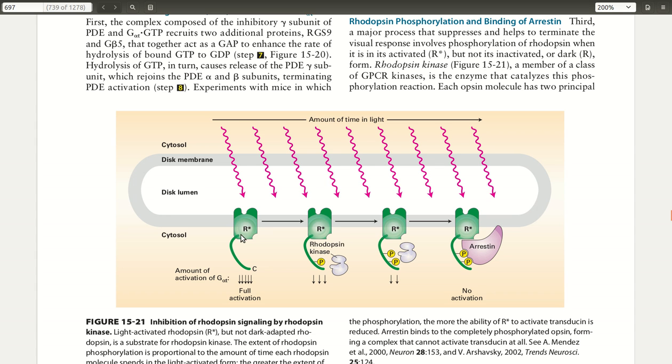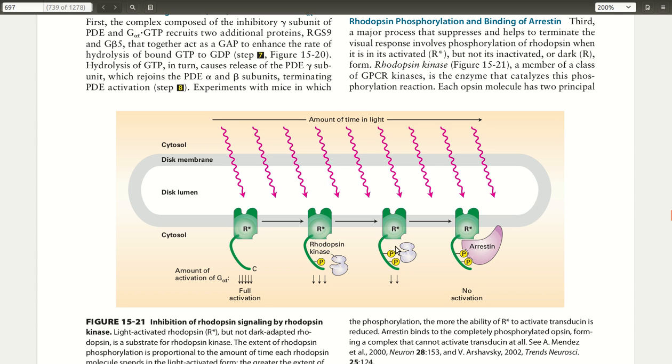And so you see here, at the initial time the receptor is activated by light, and here it has full activation represented by these arrows. At some point further in time, rhodopsin kinase will phosphorylate it, so it attaches a phosphate group to the C-terminus. That reduces the activity.